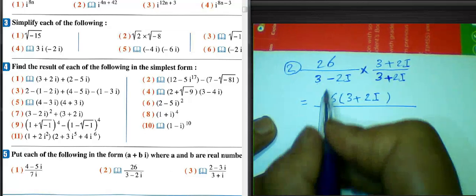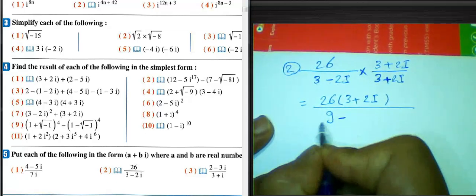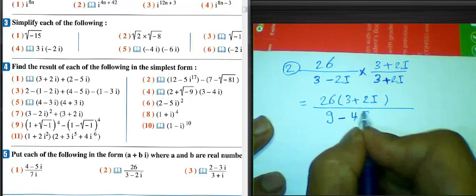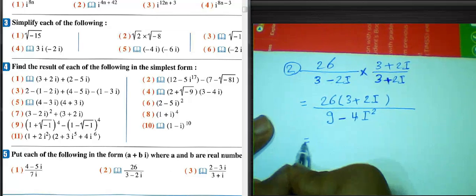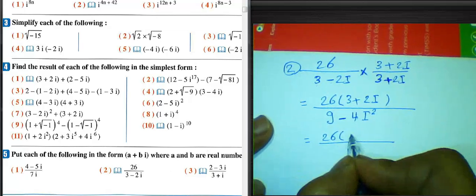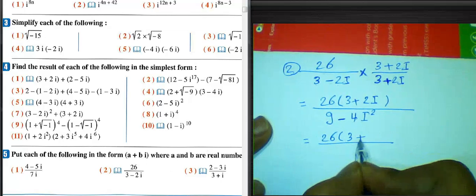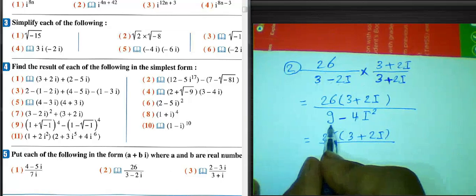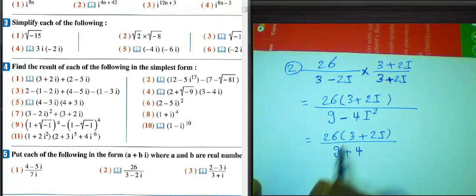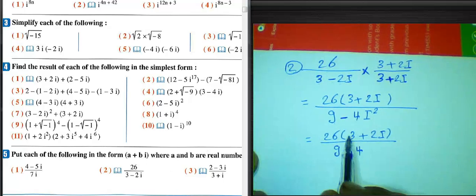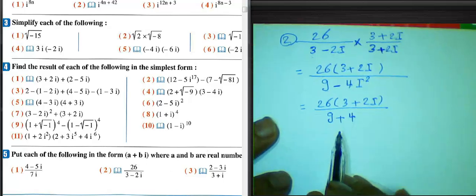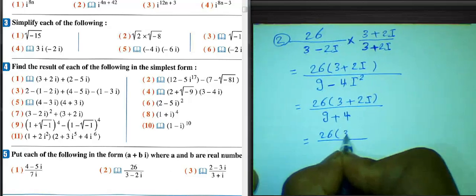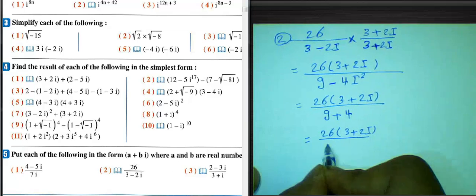In the denominator, 3 times 3 equals 9, subtract 4: 2 times 2 equals 4, i times i equals i power 2. So 26 times (3 plus 2i) over 9 plus 4, because i power 2 equals negative 1, negative times negative equals positive. 26 multiplied by 3 plus 2i over 13.